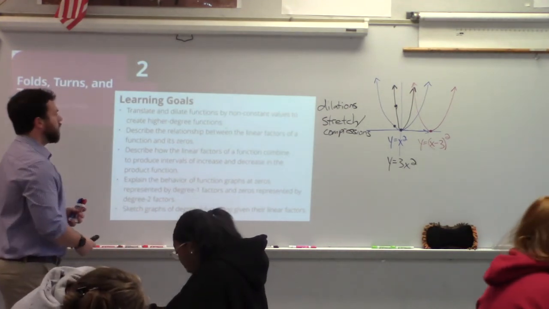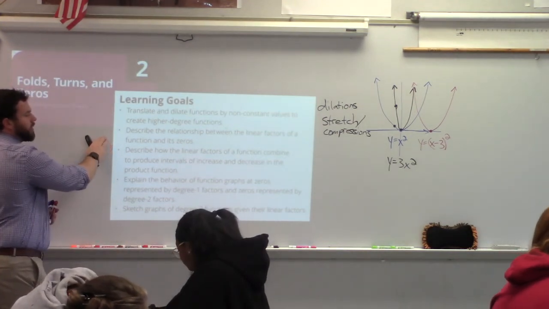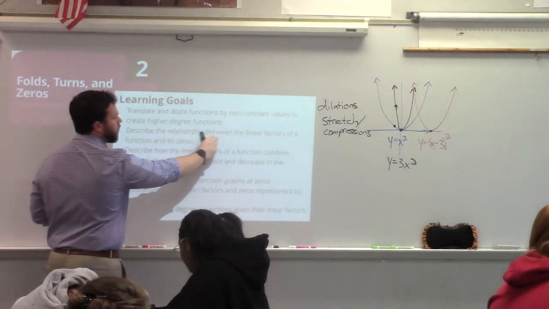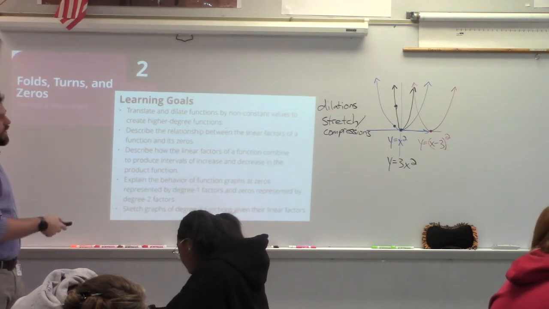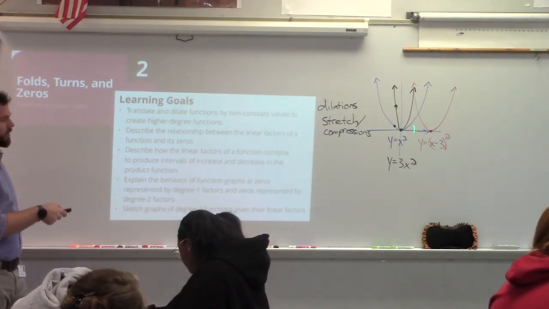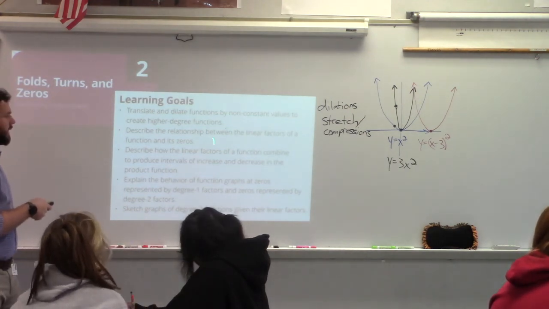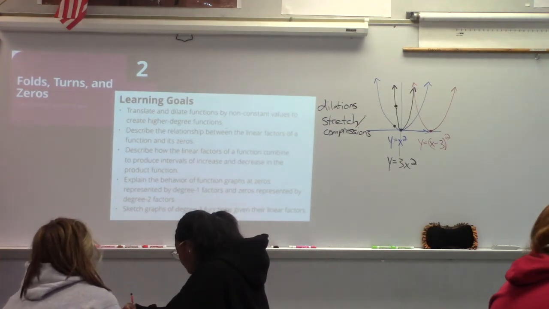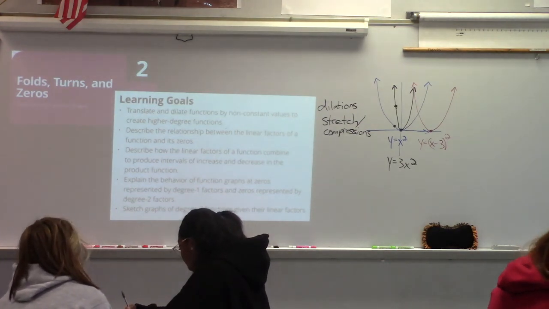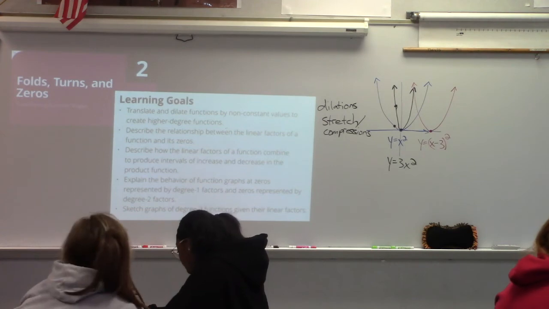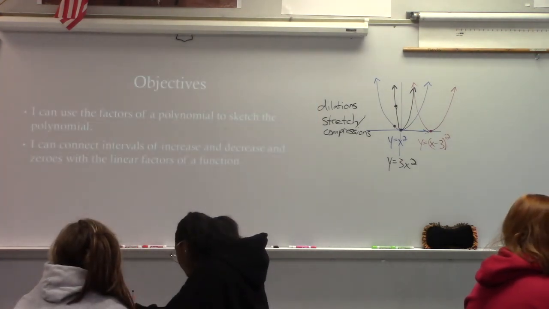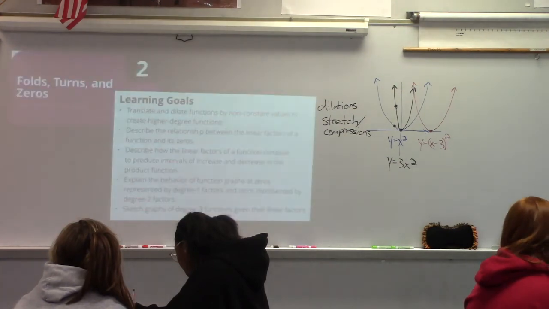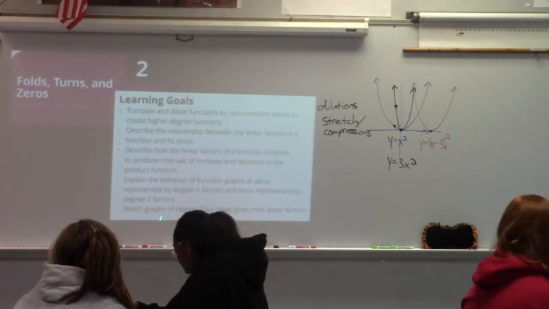All right. The focus right now, though, is to describe the relationship between linear factors of a function and its zeros. So we need to know this little bit of background about translations and dilations to get into this lesson, which is why I went over those details. It's not the focus, but you need that background to do this set of problems. Here are the objectives or learning goals for the book.